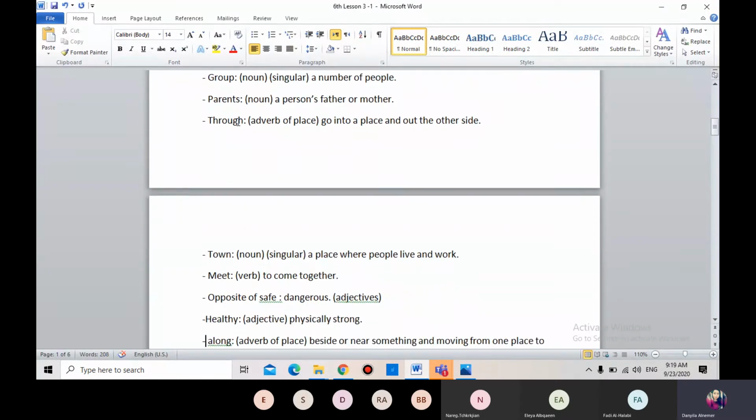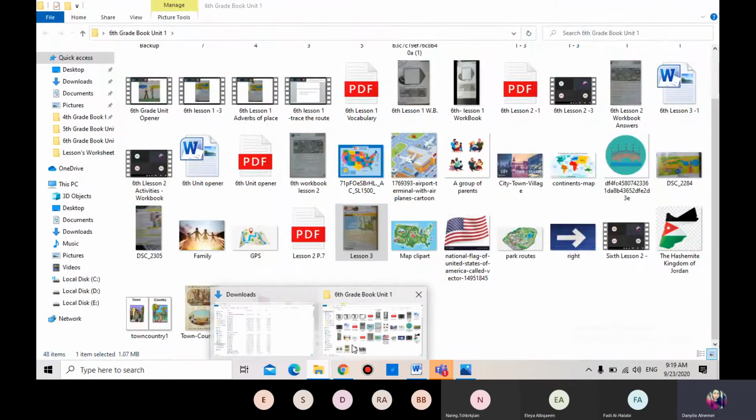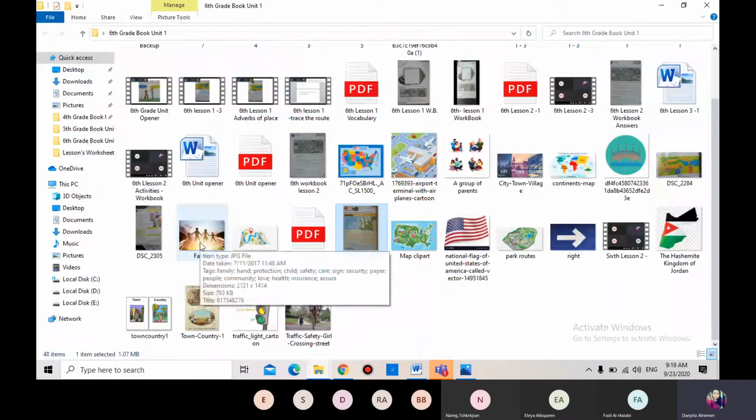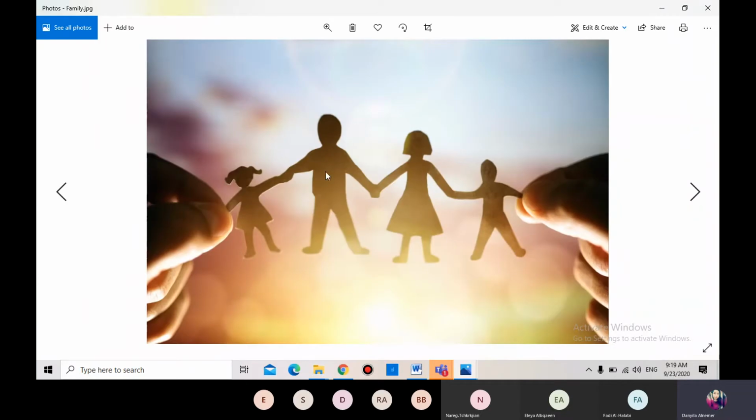If you look here, let's say these are parents, as you see. Those are parents, the father and the mother.